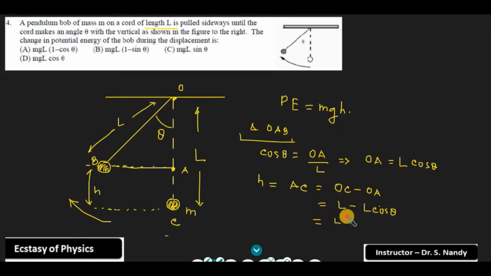If we simplify this, we get L times 1 minus cosine theta. Now we substitute this into the expression for the change in potential energy, m g h, where h is L times 1 minus cosine theta. So it is m g L times 1 minus cosine theta, the option that is A.